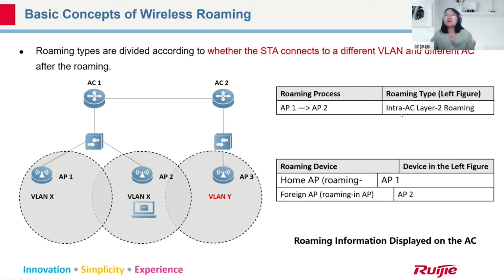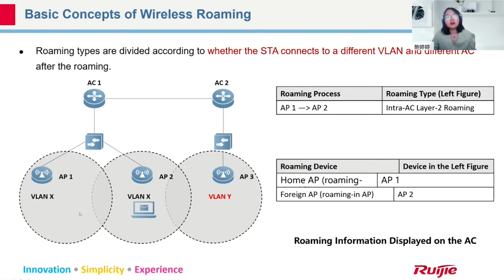About this roaming type, intra-AC layer 2 roaming, we will have one roaming device we call the home AP, which is roaming out AP, and another one for the foreign AP, which is roaming in AP. Roaming out AP is AP1, roaming in AP is AP2.